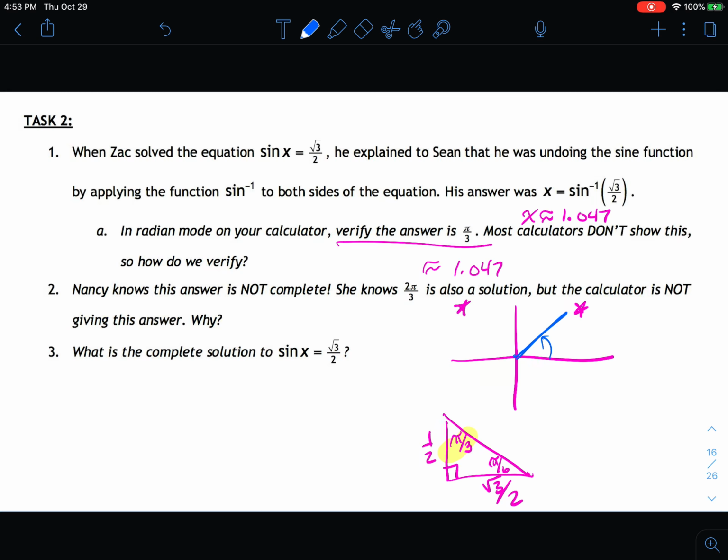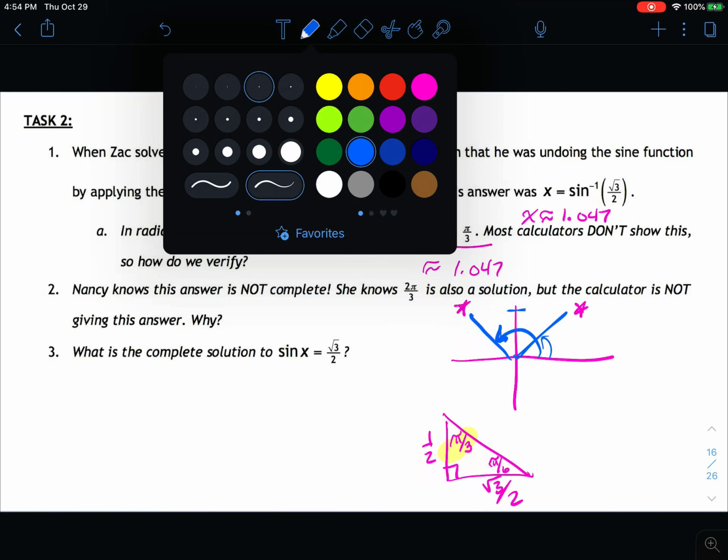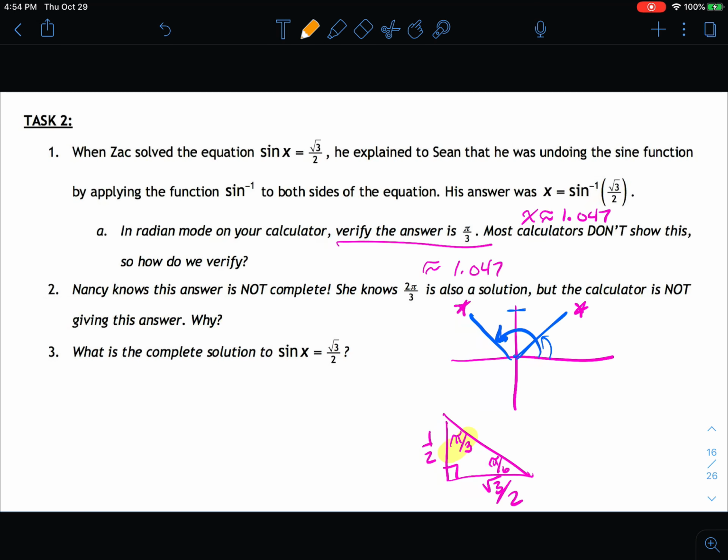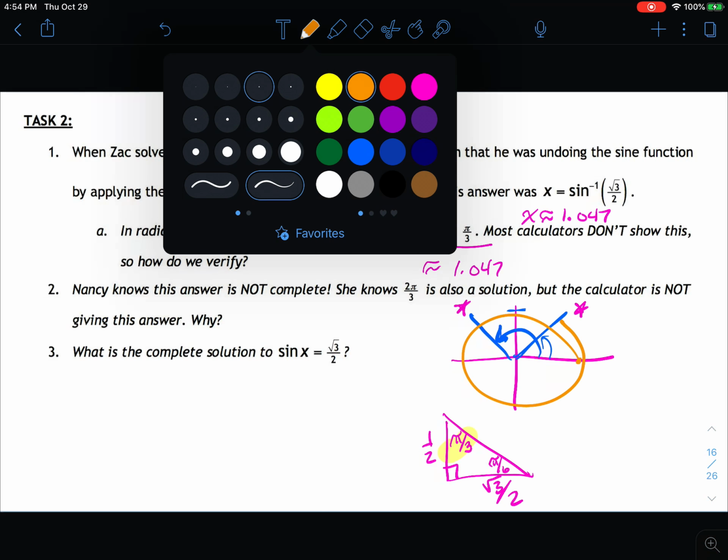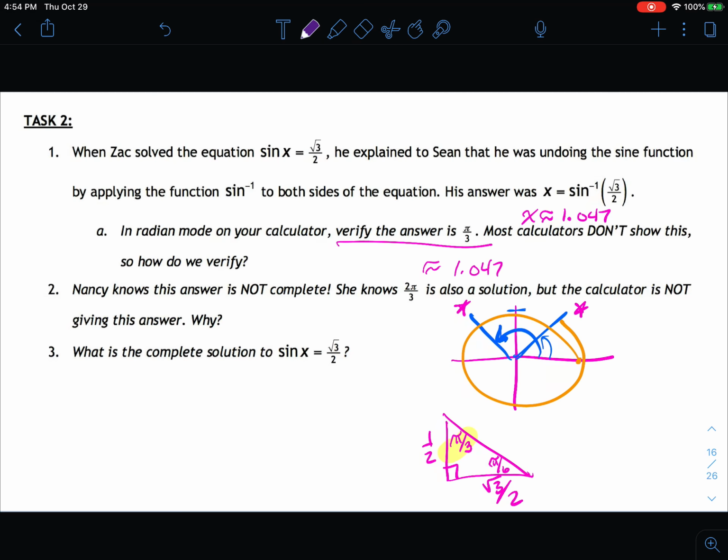But notice these are at the same height. Oh my goodness, that looks terrible. These are at the exact same height, which means this angle is also a solution. And if I start here and go all the way around to here, that's a solution as well. I'm going to make this picture really messy.